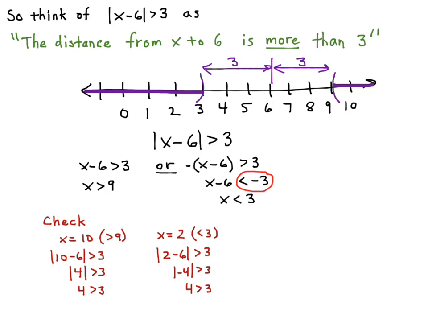If you have an absolute value that's greater than 3, that's saying the distance is more, and so it has to be an or statement, and you get these inequalities that have intervals that are away from this central number, this 6. It's a little bit like saying you have to be more than 10 feet away from me. That means you're going to be outside of the classroom either this direction or that direction. And it's an or. Either of them work.